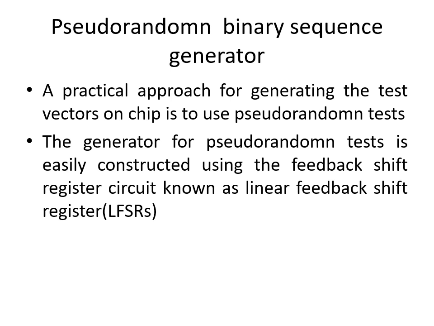The generator for the pseudo-random test is easily constructed using the feedback shift register circuit known as a linear feedback shift register. So here the shift register is nothing but an arrangement of flip-flops. In this case we are using flip-flops, and an XOR gate is used to design a linear feedback shift register. Next, let us see how the sequences are generated.